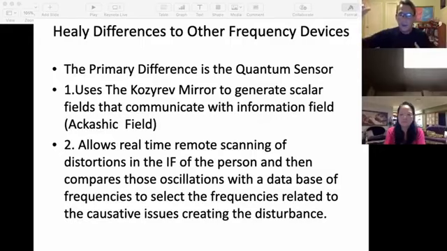And so when we can clear the obstructions and bring the heart and the mind into a state of balance, then we generate the same waves that the Healy and the time waver generate, which is the scalar waves. These scalar waves basically are energy fields that are beyond time and space and allow us to access higher dimensions of consciousness and the information in those different layers.